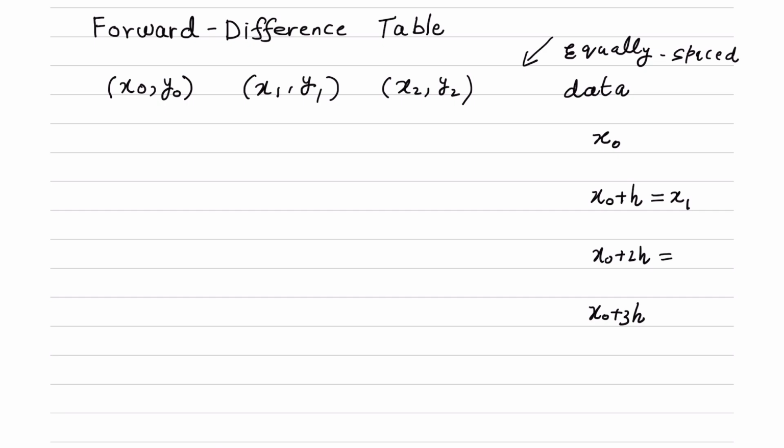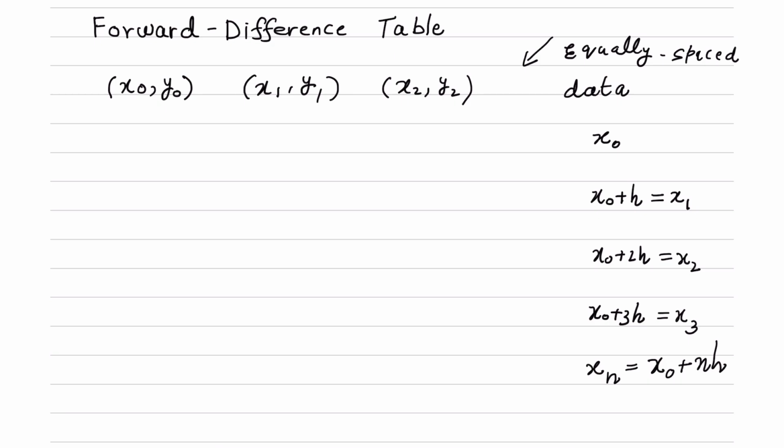Next value is x2, which can also be read as x0 plus 2h. Next is x3, which can be read as x0 plus 3h. So whenever the data is equally spaced, we write each xn is obtained by adding x0 and nh. So this is for equally spaced data.